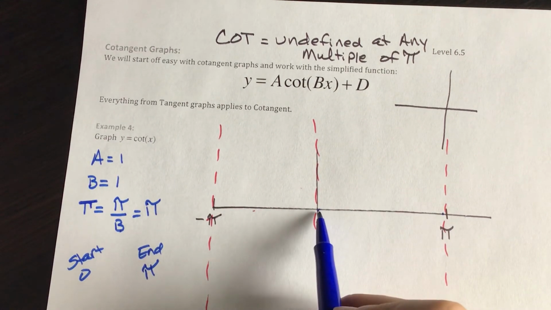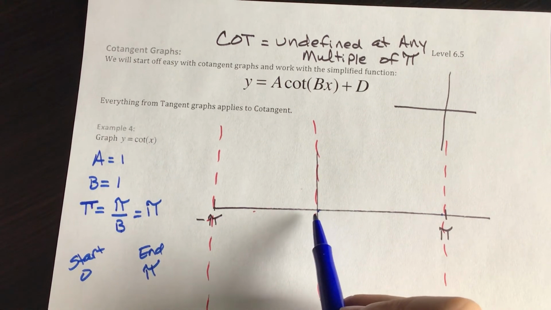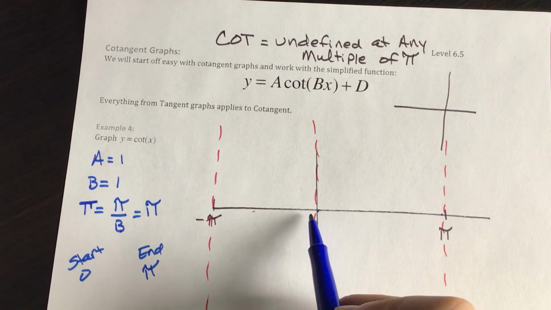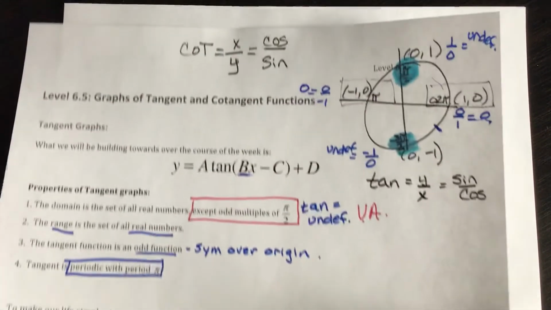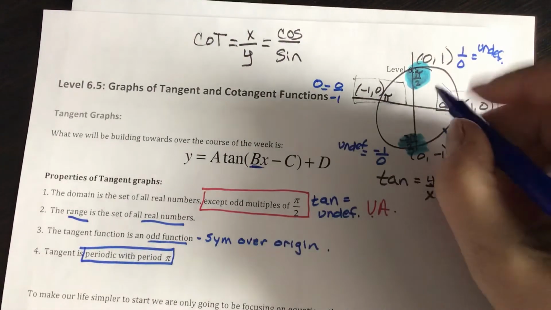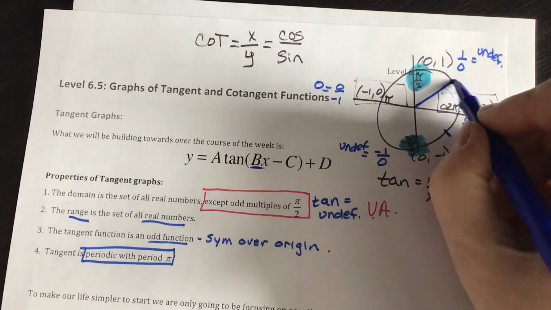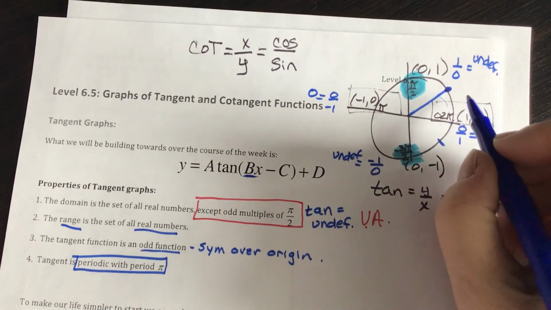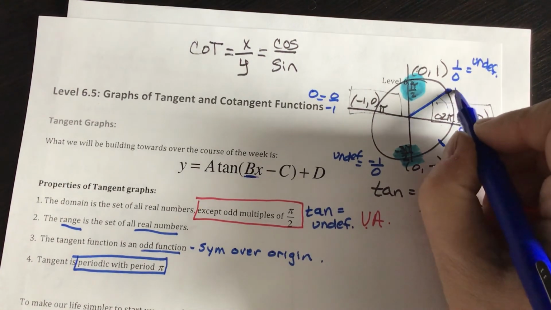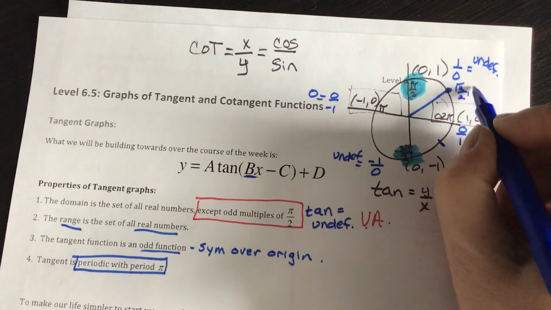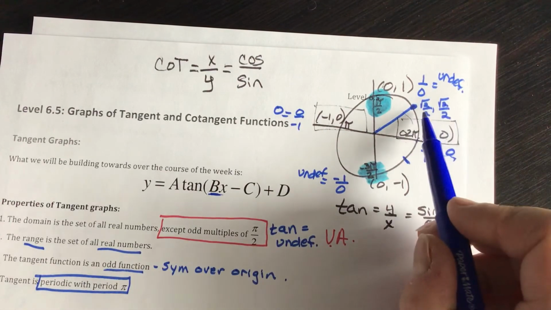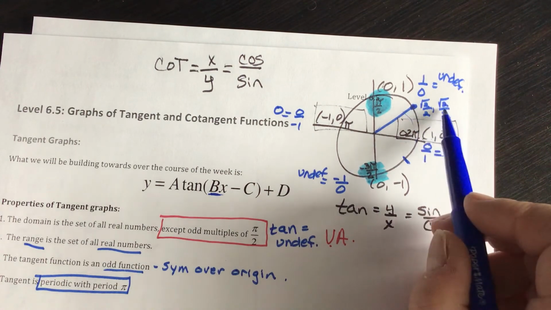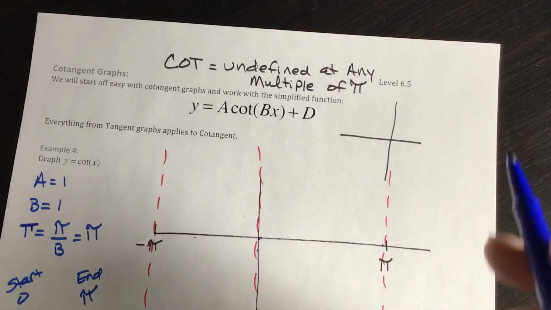And if I think of where cotangent is 1, I'm going to bring back that unit circle. I still have the square root of 2 over 2 here at pi over 4. Okay, this is still 1. So at pi over 4, I have a cotangent of 1.